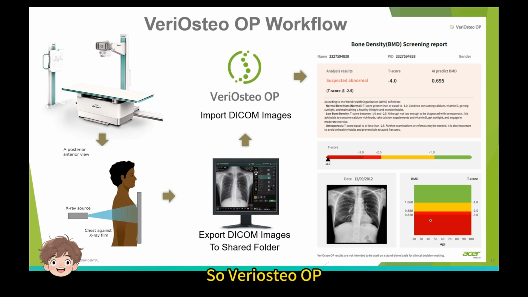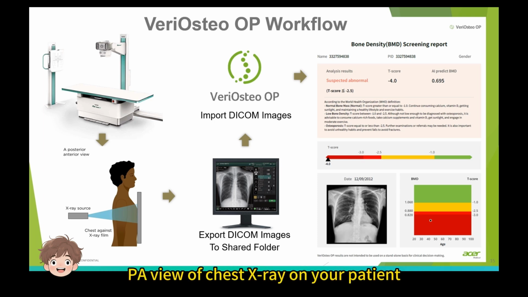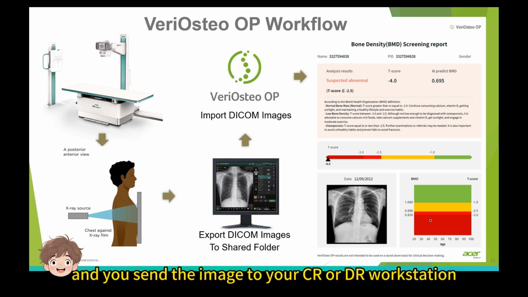So the Veriosteo workflow is very simple and straightforward. You just need an X-ray machine and you do a PA view chest X-ray on your patient, which is a posterior anterior view, and you send the image to your CR or DR workstation.